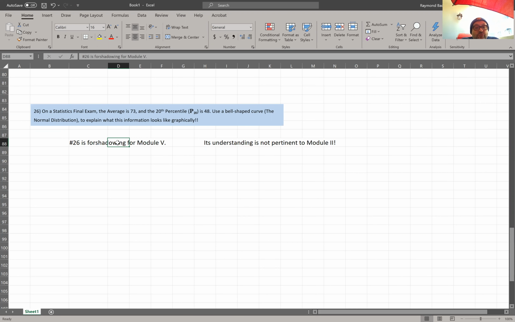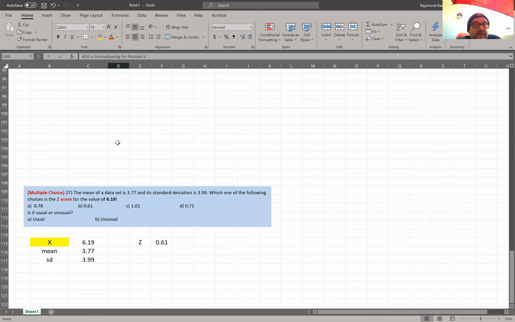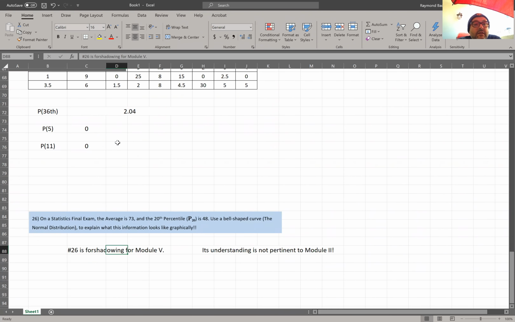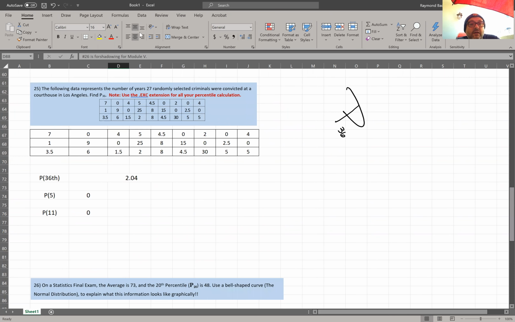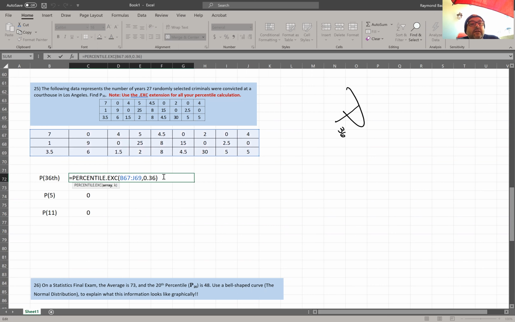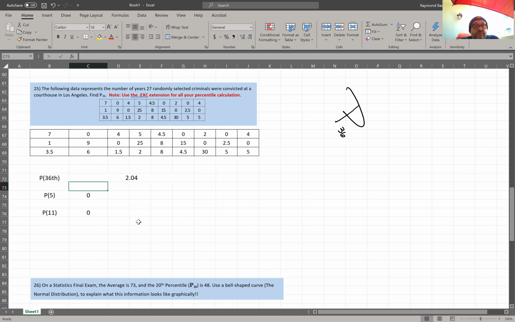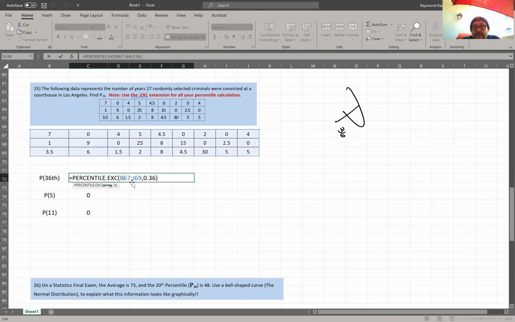At the end of module 2, I teach you guys how to calculate percentiles using the percentile command, and it's right here. You can have an EXC and INC depending on what the instruction is. So if you have a bunch of numbers and I ask you for a particular percentile, everybody could find it by simply typing that command.